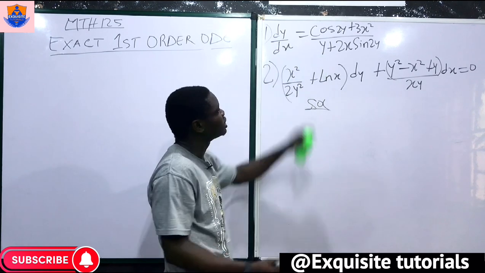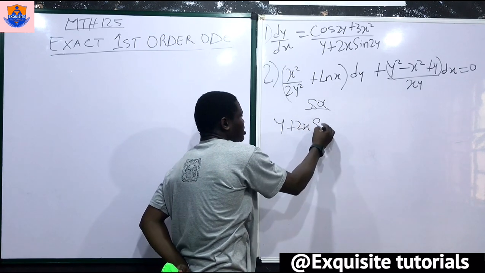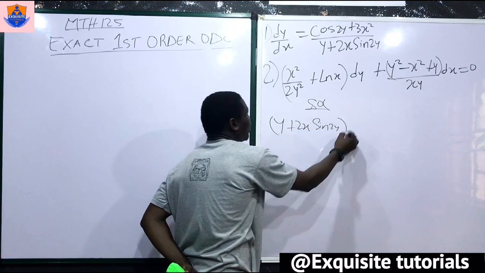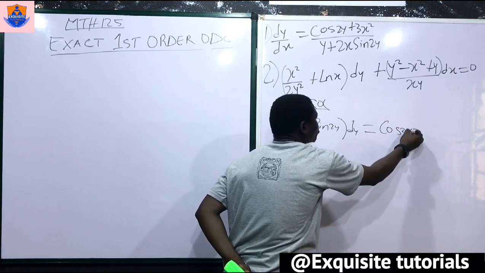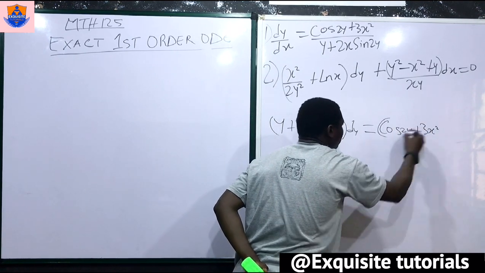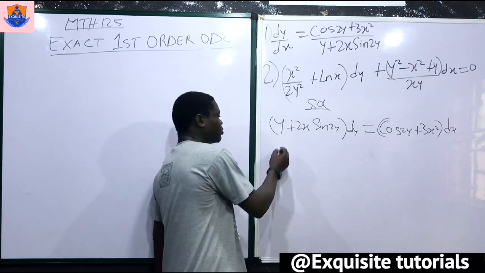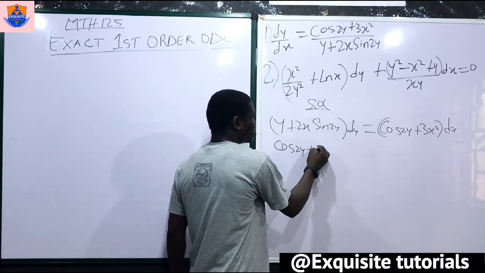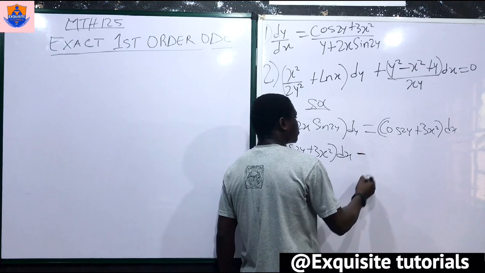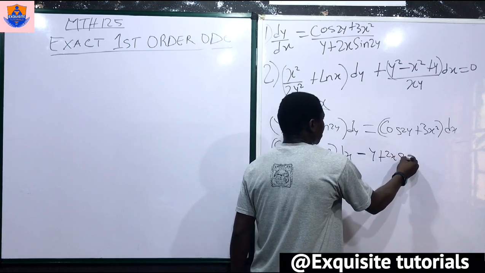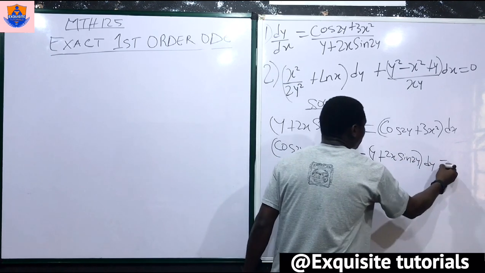So let's take this to the standard form. If I take this one here, I'll have y plus 2x sine 2y, then I'll have dy, then I'll have dx is equal to cos 2y plus 3x squared dx. So if I take this dy to this side, I'm going to have cos 2y plus 3x squared dx, then minus y plus 2x sine 2y dy equals 0.